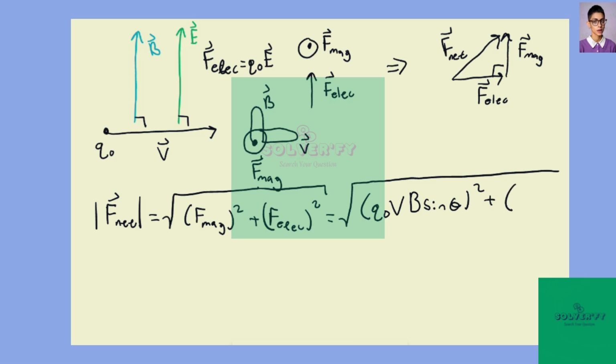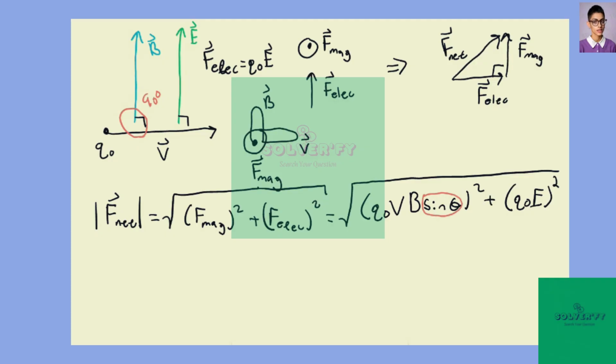So, real quick, let's remember that the angle between our velocity and magnetic field is 90 degrees, so this sine of theta term will be sine of 90, and sine of 90 goes to 1. So this term just goes to 1, and we can simplify our equation a little bit.